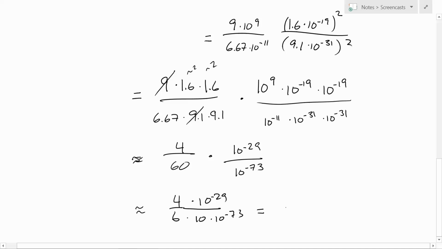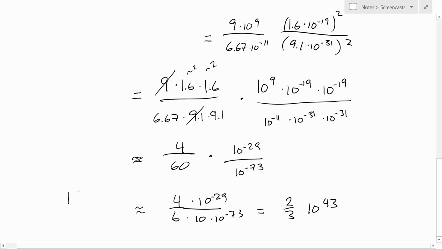So that looks like 2/3. Ooh, 1 minus 73 is negative 72, and then 72 minus 29 is a number. And that number I'm thinking of is, what do we got here? 3 brings us to 32, so 43.